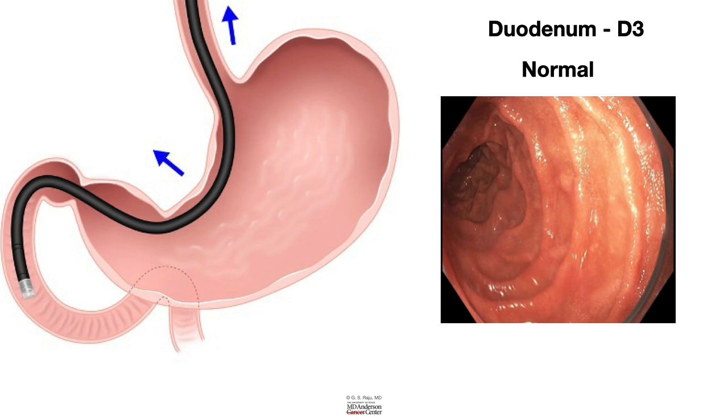We have seen in the anatomy slides that the aorta is behind the third portion of the duodenum, and if the graft gets infected, it can erode into the third portion of the duodenum, and you could see signs of bleeding in the third portion of the duodenum.